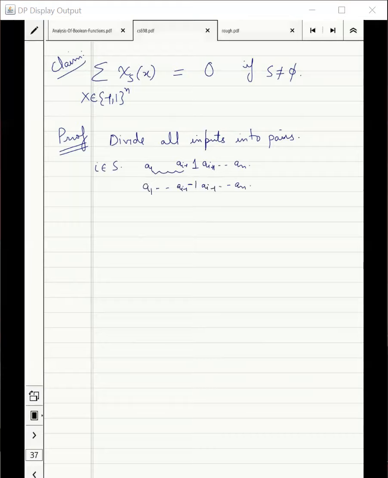So in my pair, the inputs are the same except at the ith position. And then the contribution of the pair is 0.